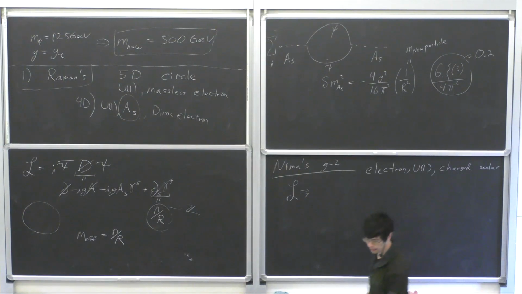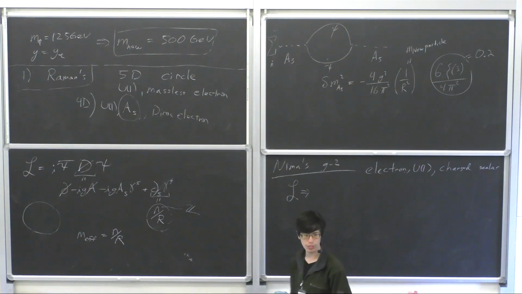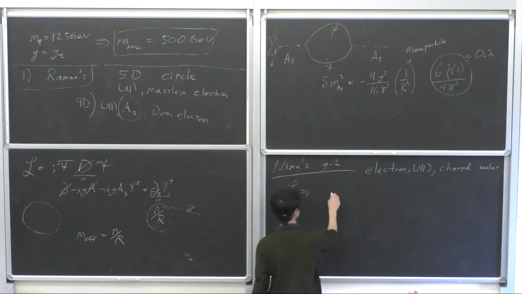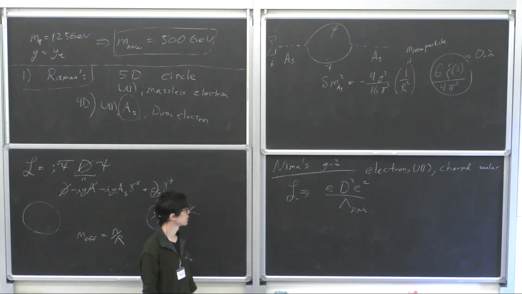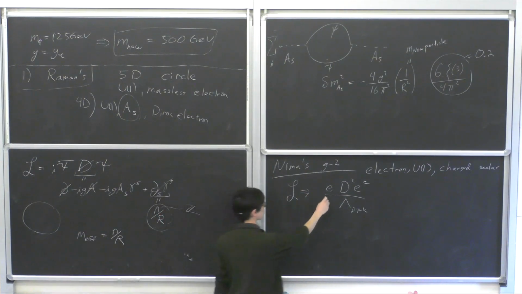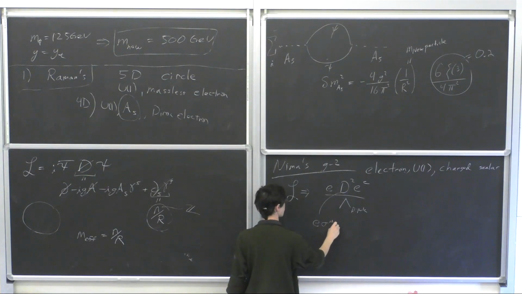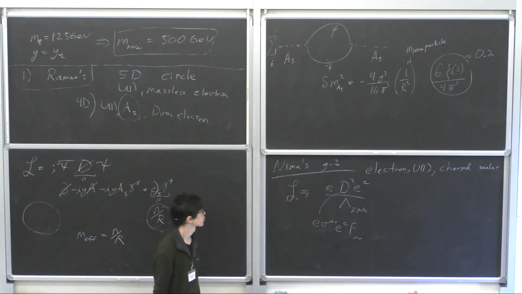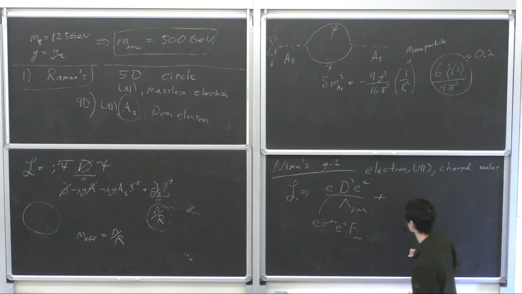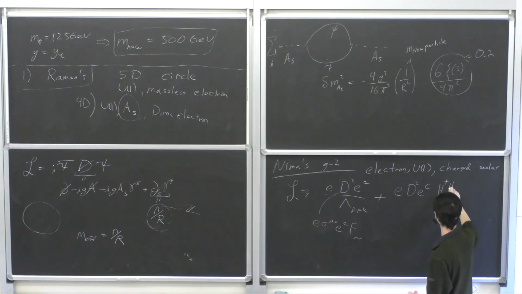Okay, so the question is, let's say I am at low energies, and I see an electron dipole moment. I see not only the dipole, if you want, you can pull out the piece here that's E sigma mu nu, E conjugate F mu nu, to make it obvious that I'm talking about the dipole moment, plus E d squared, E conjugate, H dagger H over lambda dipole.